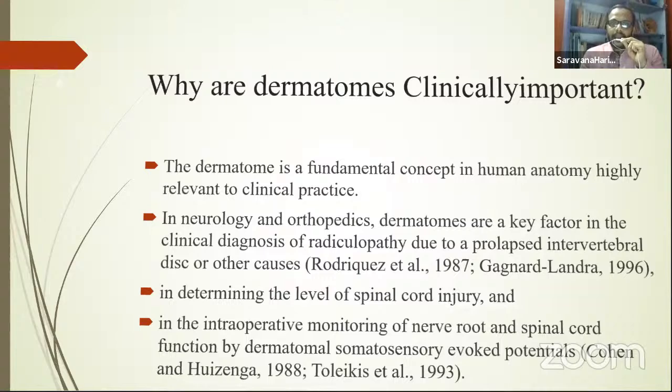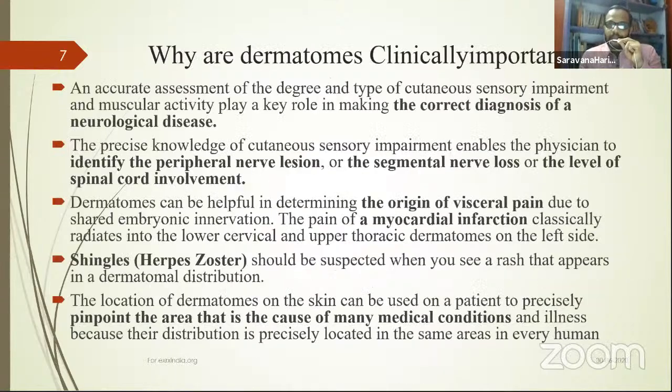Why dermatomes are clinically important: it gives a correct diagnosis of a neurological disease, whether it's purely sensory or motor or a segment is involved. It also helps to identify whether it's a peripheral nerve lesion or a segmental nerve loss, that is, only one segment is affected, or two to three segments are affected.